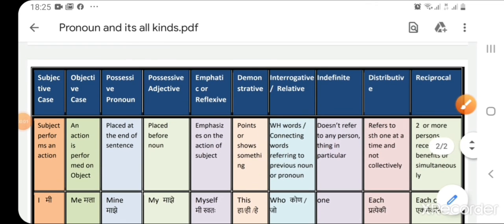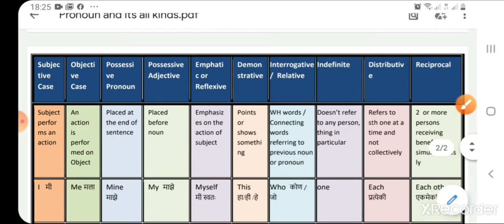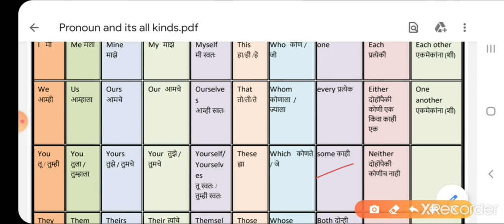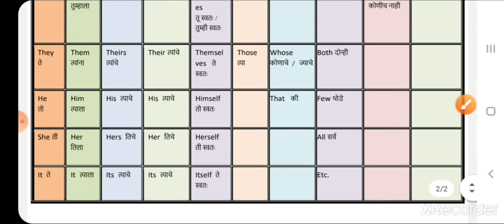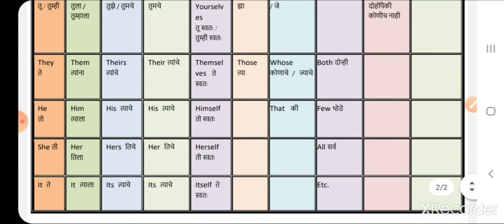Now let's move on to next pronoun, that is indefinite pronoun. Here, these pronouns don't refer to anything, that means any person or thing in particular. Here, one, every, some, both, few, all, etc. pronouns are used.